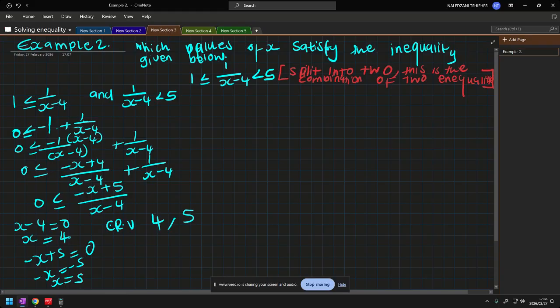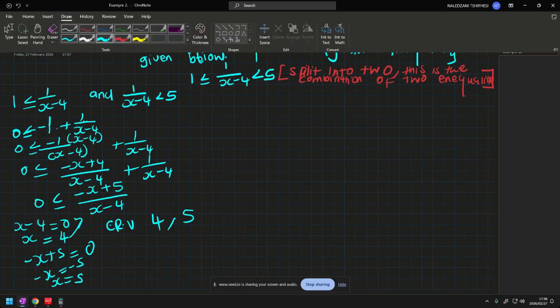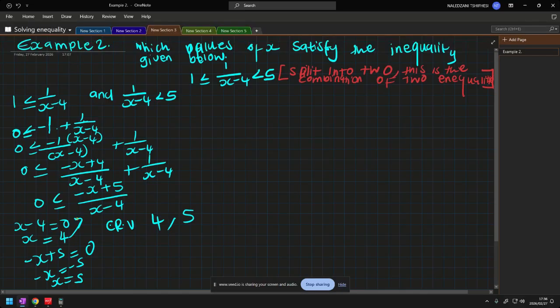But remember, because we get 4, it cannot be this one. If you put 4, 4 minus 4 is equal to 0, and then the denominator cannot be 0, right?